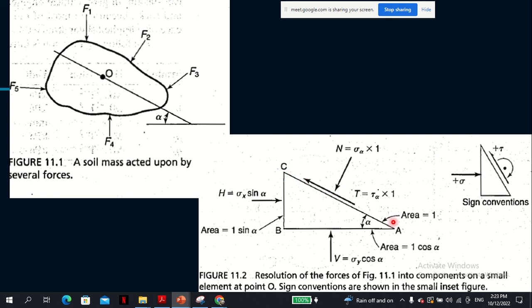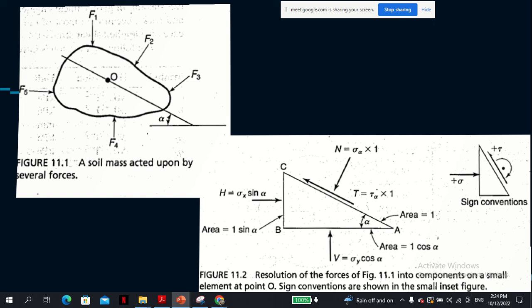If you load a material at any point, you should be able to tell the stress state, the normal and shear stress. I've told you normal and shear stress always go together. So if there are normal stresses, ipso facto there are shear stresses. You need to know the normal stresses on a plane and shear stresses on that very plane. You only need to know the angle.